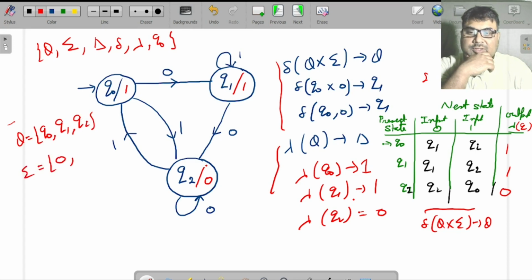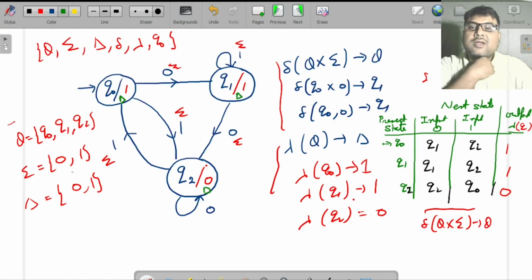The input symbols are 0 and 1. All these are the input symbols, sigma. Delta is the set of output symbols, again 0 and 1.